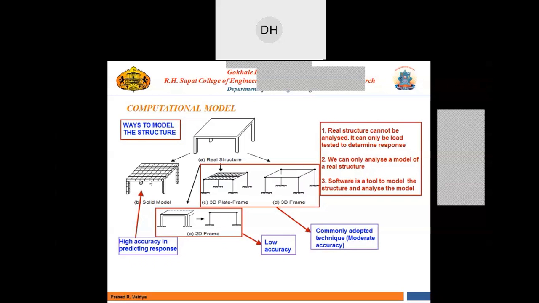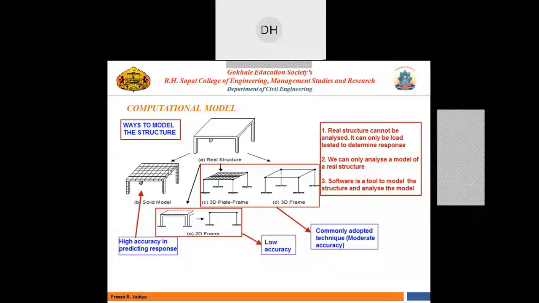So this is the most precise way of modeling. Even in this solid modeling, you can model the liquid also. Some high-end software is available where you can model the liquid if there is a water tank, right? So that is possible in a solid model. That is the first way of modeling, which is a very precise way.